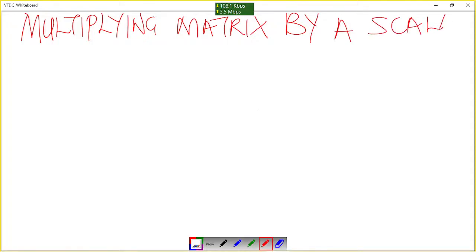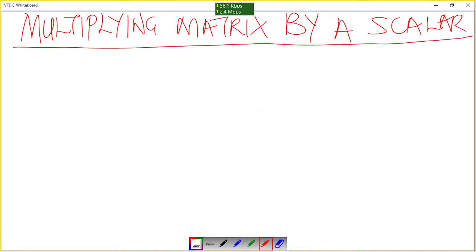I'm not going to go into details talking about what a scalar is. That is not the purpose of our revision. Our revision is trying to give you insights or focus on segments that come in an exam. Those that we feel don't come in an exam, we're not going to talk about. One of them is the definition of a scalar. So let's start with multiplying a matrix by a scalar.